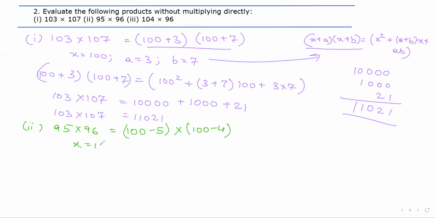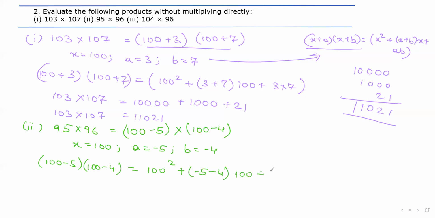Here your x is equal to 100, a is equal to minus 5, and b is equal to minus 4. Therefore, your 100 minus 5 into 100 minus 4 will be equal to 100 square plus minus 5 minus 4 into 100 plus minus 5 into minus 4.